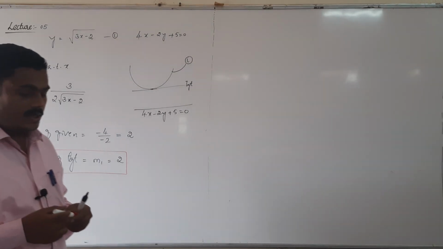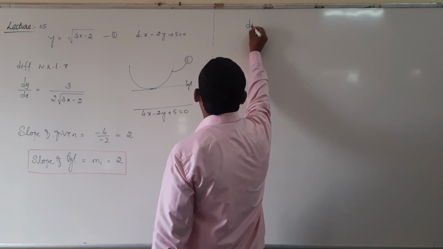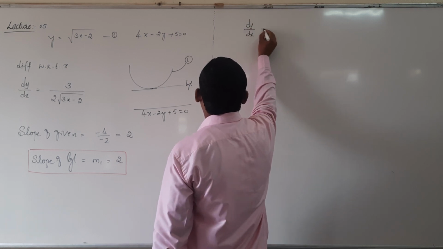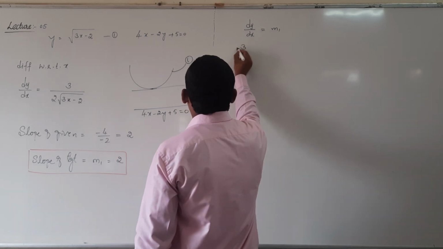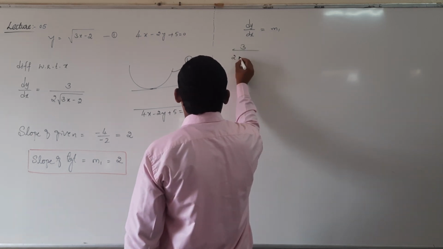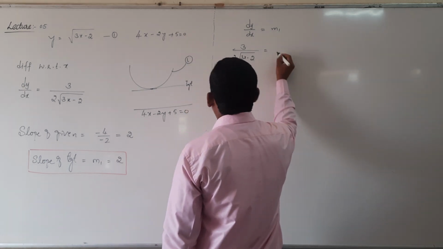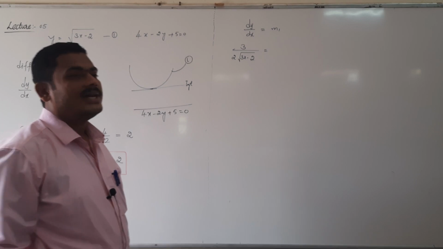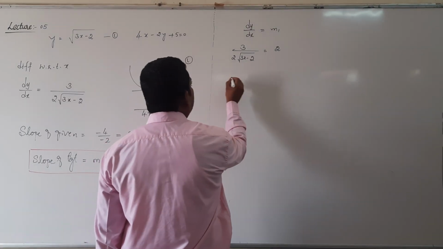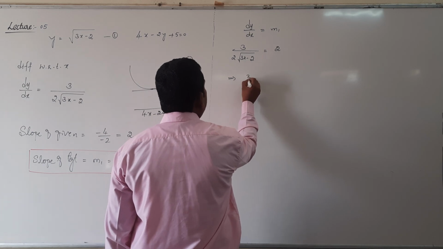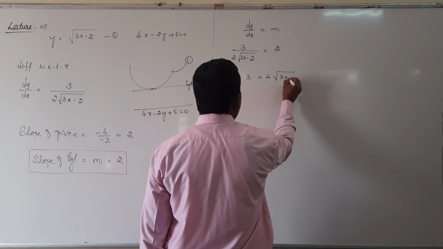Now, according to derivatives, the slope of the tangent line is nothing but dy by dx. In this case, dy by dx is 3 divided by square root of 3x minus 2, that's equal to m1, which is 2. Now cross multiplication: 3 is equal to 4 into square root of 3x minus 2.